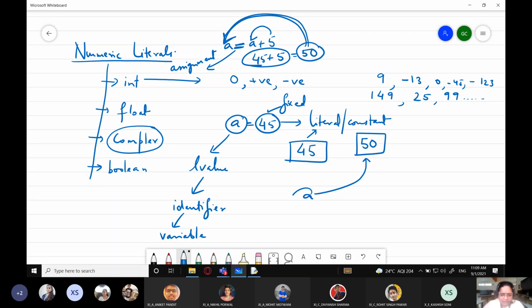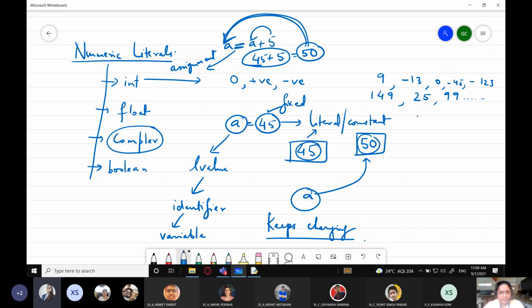So a variable is something which keeps changing its value. The value of a variable will always keep changing, but the value of a constant or literal is always fixed. Is it clear to everyone what is the difference between variables and literals?